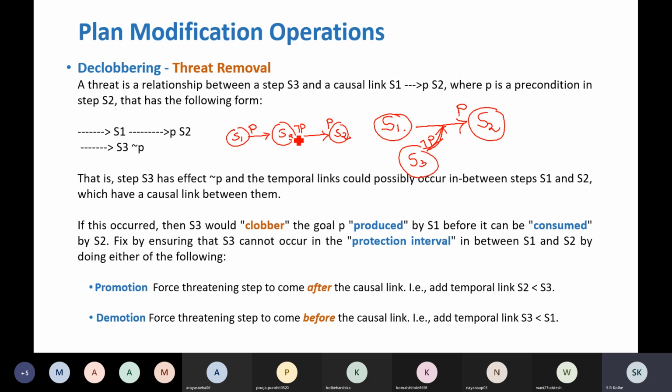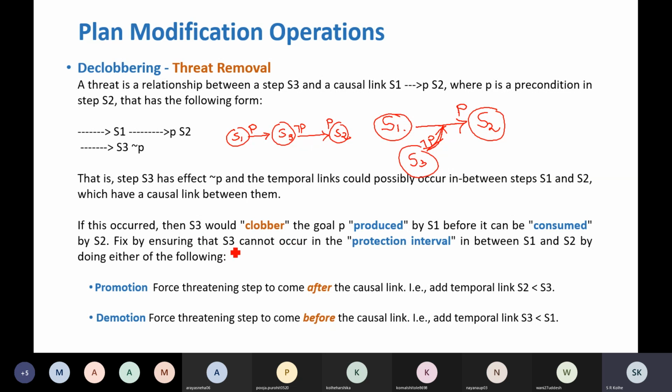S3 is clobbering the goal P which is produced by S1, before it is consumed by S2, because that is the requirement for S2. So what to do if this is the case? Now there are two solutions for this.